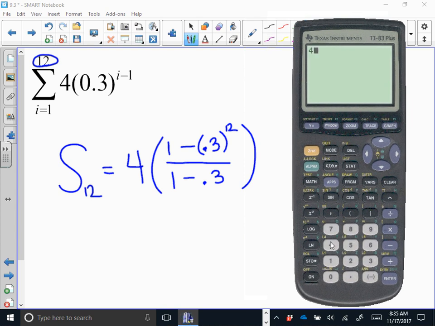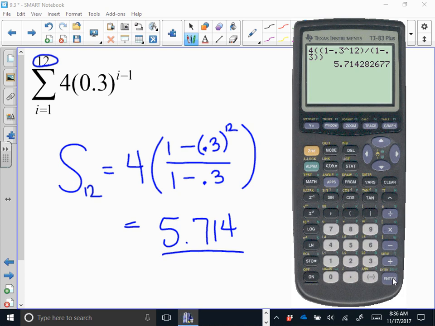So 4 times the quantity, you want to put the numerator 1 minus 0.3 to the 12th all in parentheses, divided by parentheses 1 minus 0.3, or you can just do that in your head, right? And there's our sum. I put it in all at once.